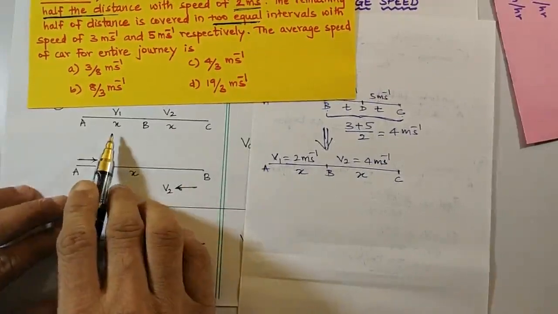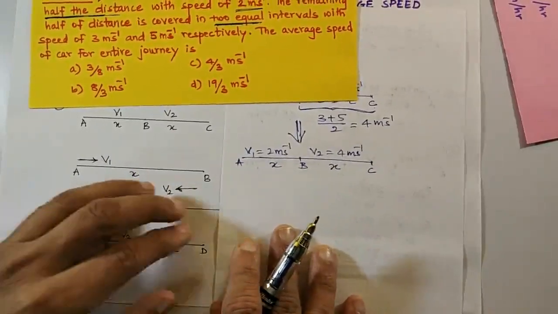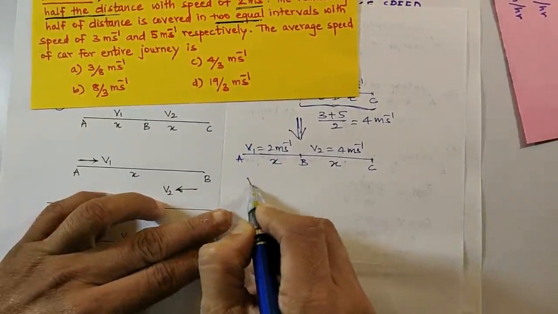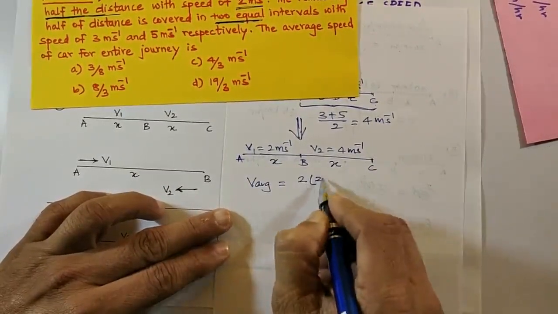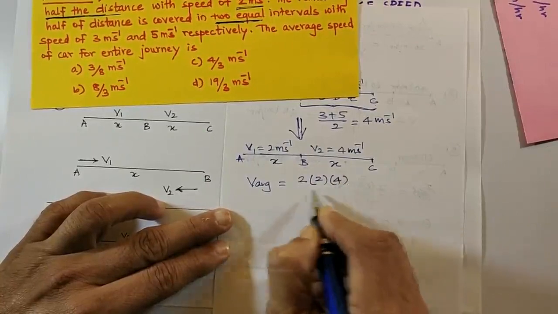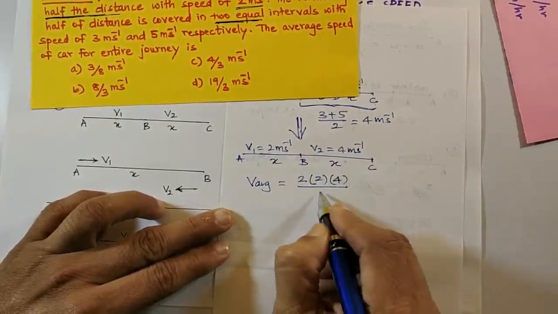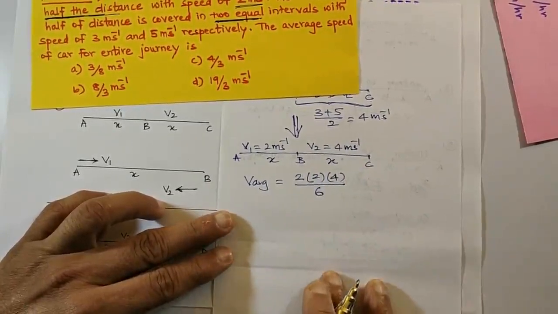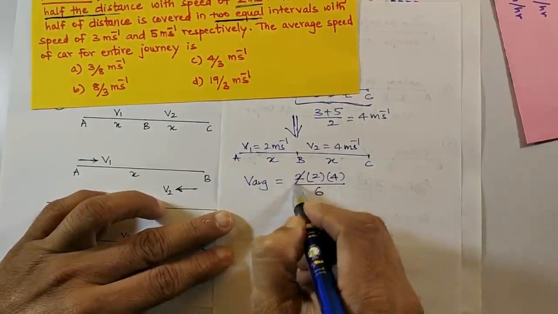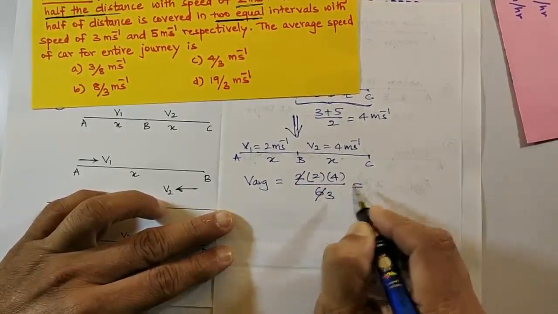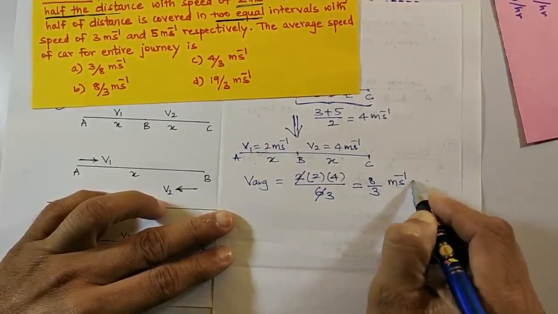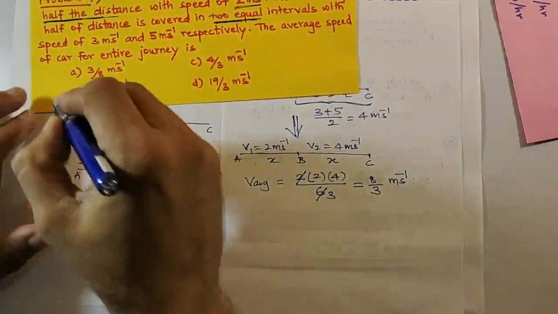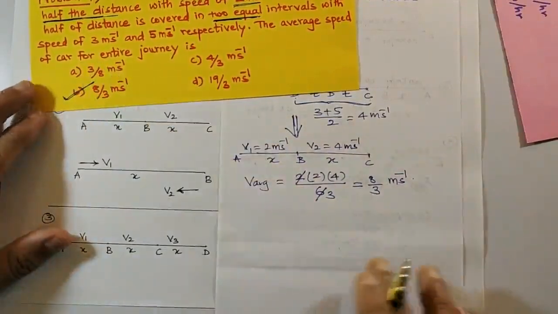So again it is of second case. So I can write average speed V average is equal to 2 V1 into V2 over V1 plus V2, 2 into 2 into 4 divided by 2 plus 4, which is 6. So if I simplify, 2 3s are 6, so you'll have 8 divided by 3, units is meters per second. So answer is B. Answer is B.